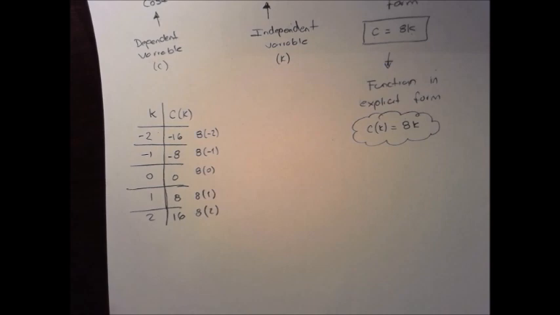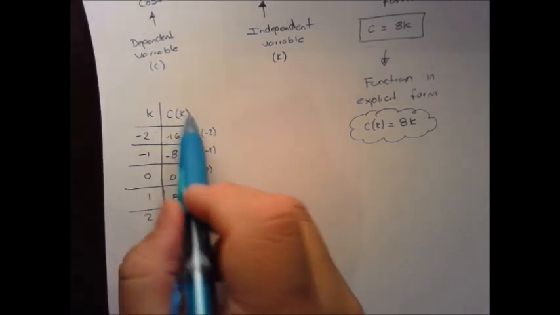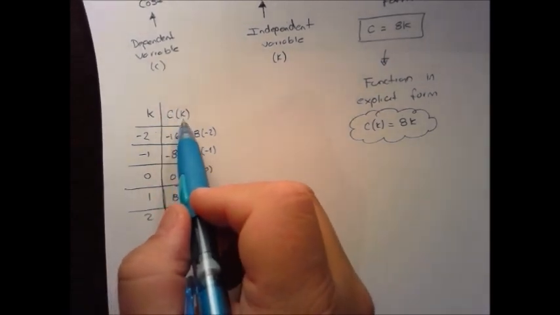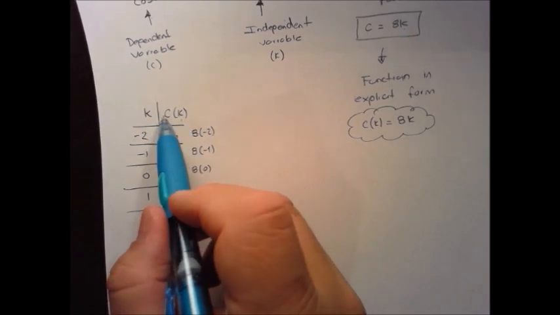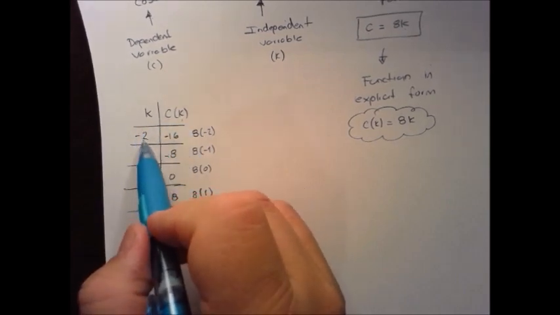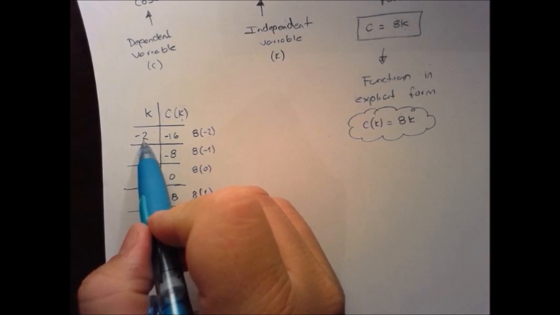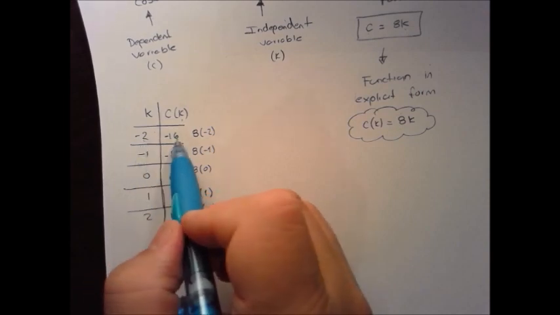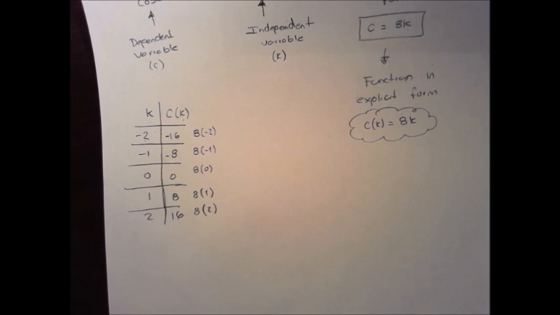But remember what we are talking about. This is cost. So my question is, is it possible that you can buy -2 kilograms of apples? Is it possible that you can pay -16 pesos for it? The answer is no, it's not possible.